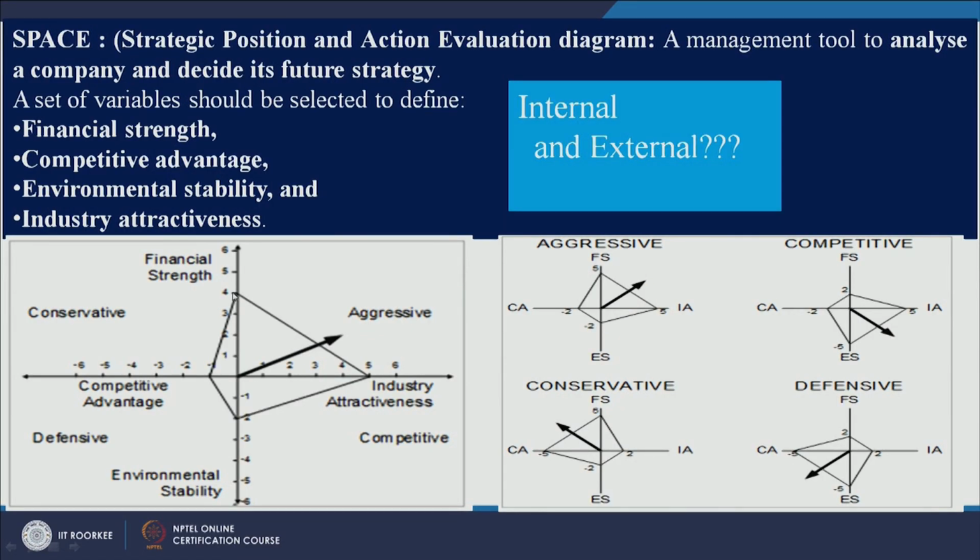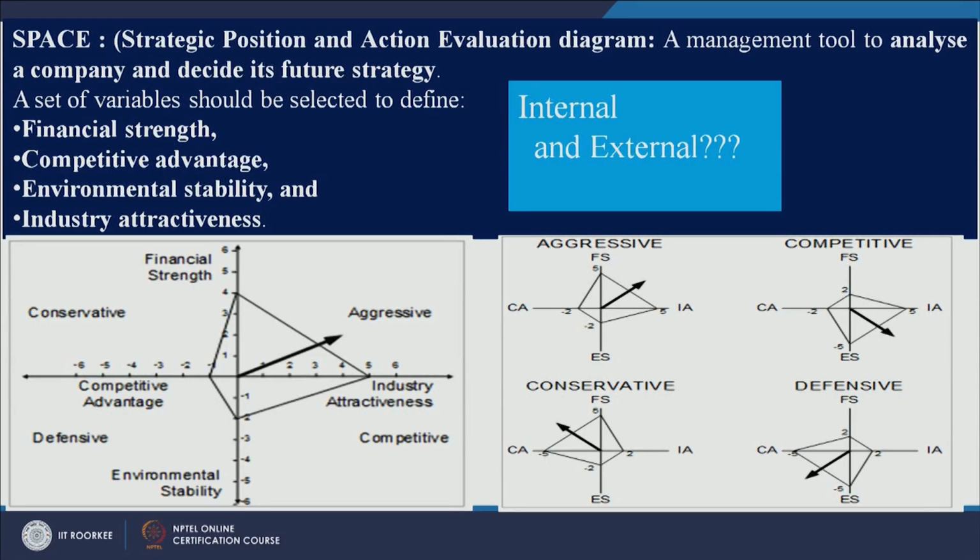For example, on a 10-point scale, if your financial strength is 4 and industry attractiveness is also 5, the government has given several incentives and facilities, so industry attractiveness is very good. This is a situation where you should be very aggressive, so adopt an aggressive strategy.